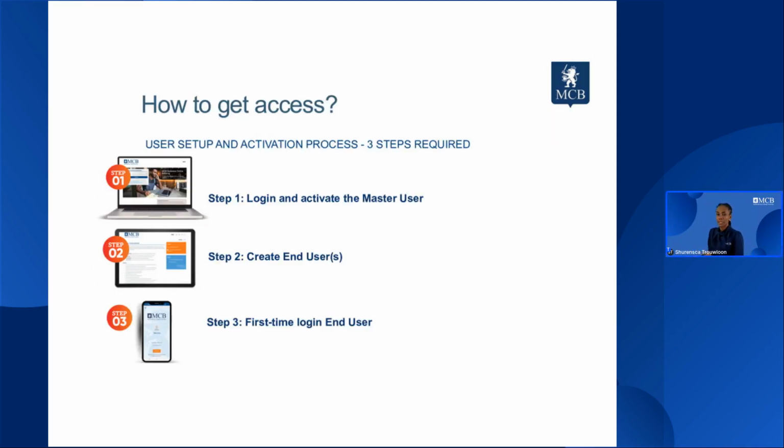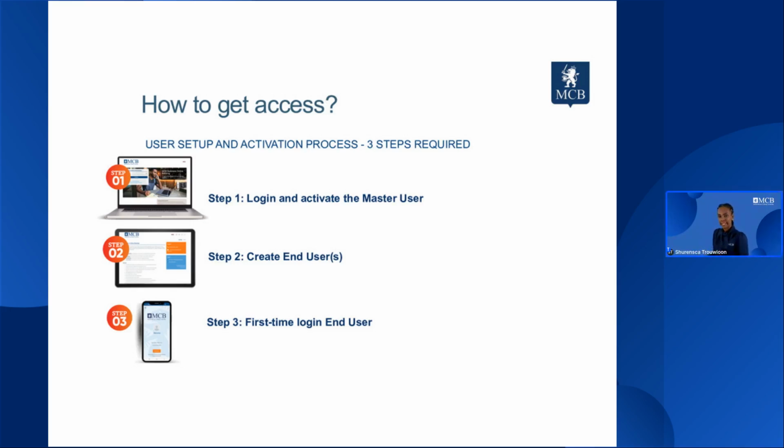Okay, so the main question or the main concern that most of you have right now is how to actually get access on the new platform. And basically, 3 steps are required in order for you to do so. The first step is to log in and activate the master user. So everyone received a master user through their emails. They would have to log in on that master user, activate it by creating an e-code.